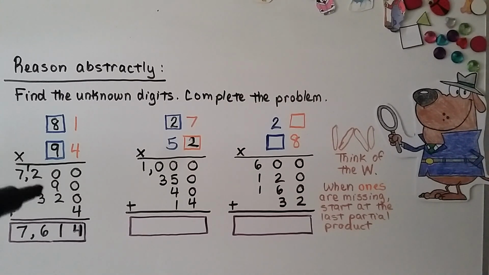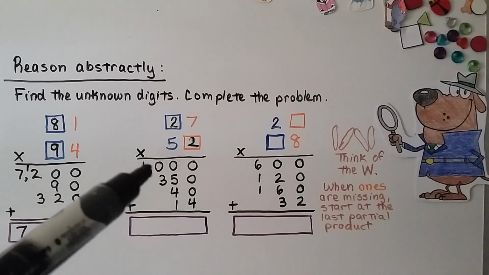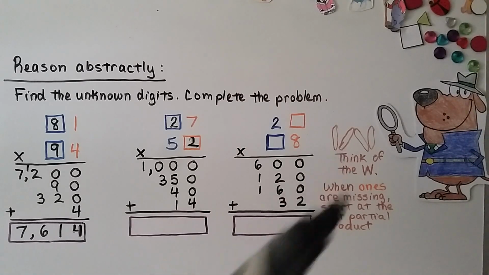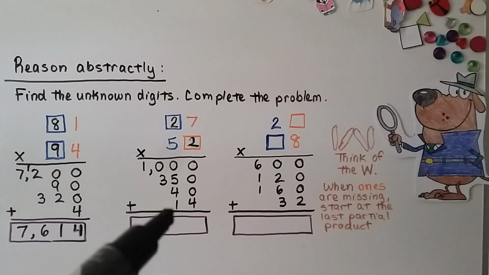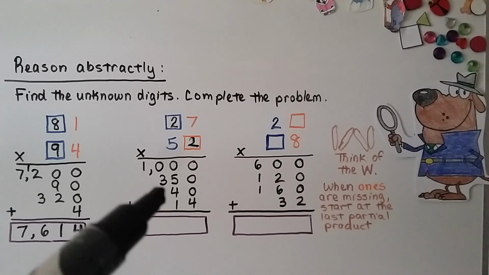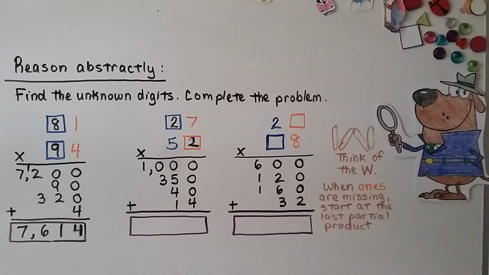So when you're doing problems like this and you can't figure out what it is at first from the first partial products, go to the next partial product or the next one, thinking of the W so that you can figure out what they are. This was easy because we thought, well, something times 7 is 14. That must be a 2. And that helped us do the one here because we used the 40 as a partial product.